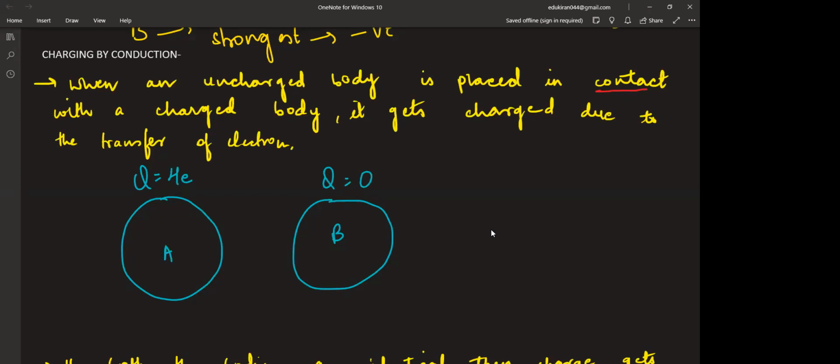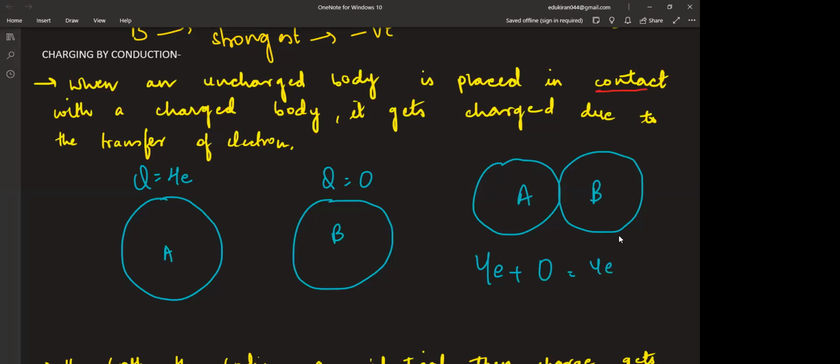Once they are made in contact with each other and just kept like this, what happens? The total charge gets distributed equally. What is the total charge right now? Total charge is 4E plus 0, and this gets divided equally. That is, 4E gets divided between 2, so divided by 2 will give 2E. That means this will receive 2E after conduction, and this will receive 2E after conduction.